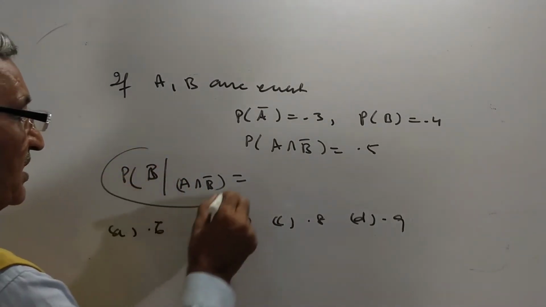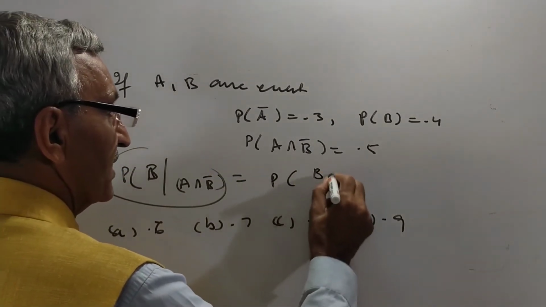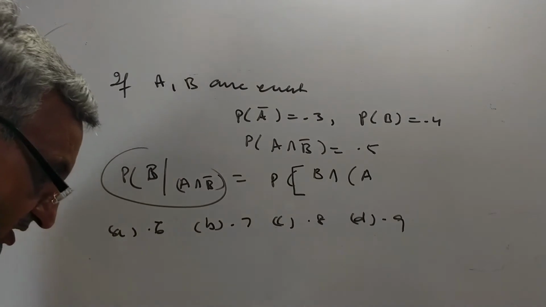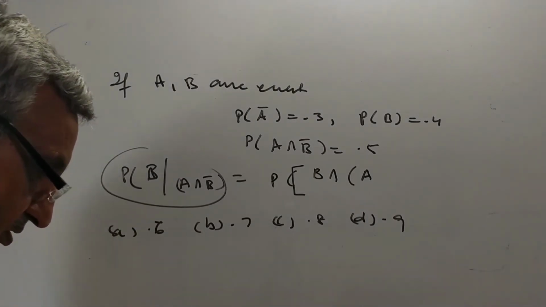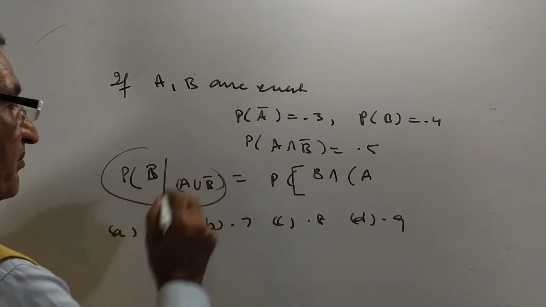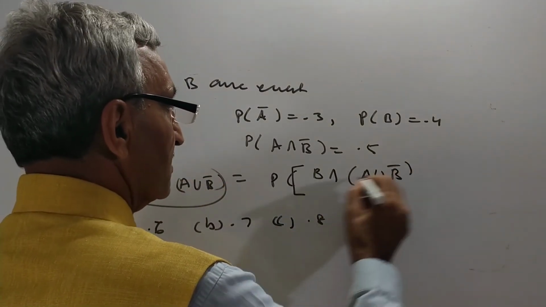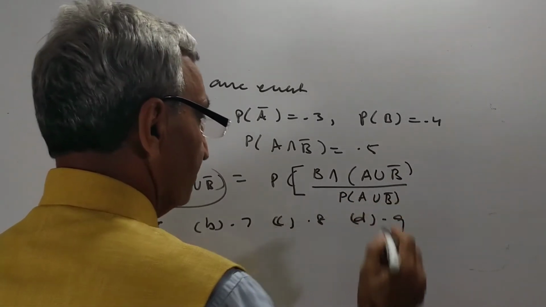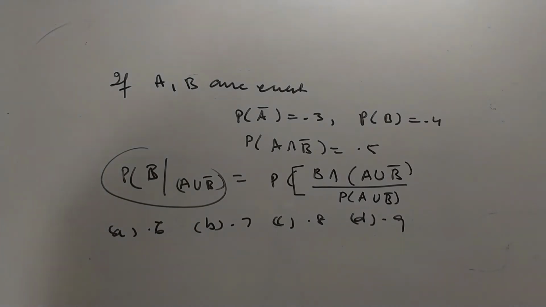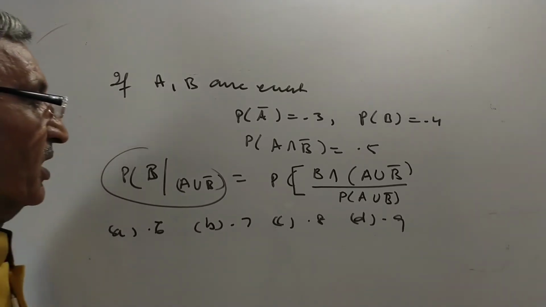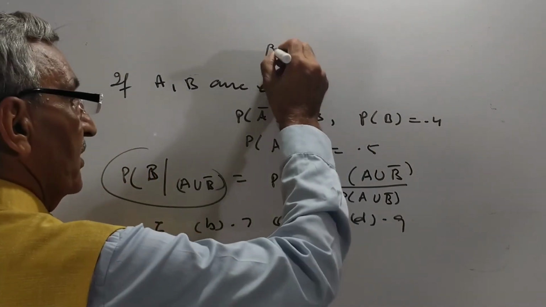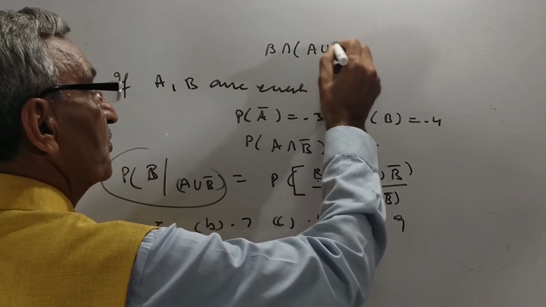Let's see what this means. This means probability of B intersection A union B, divided by probability of A union B. What is B intersection A union B?